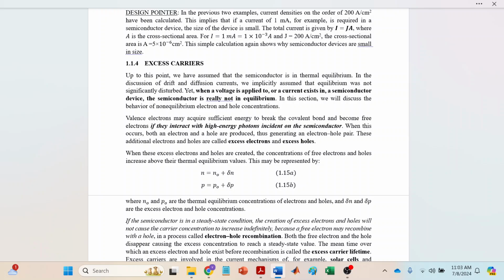It is so because when high energy photons are incident on a semiconductor, the valence electrons may gain sufficient energy and break their covalent bonds, leading to the production of free electrons and consequently holes.